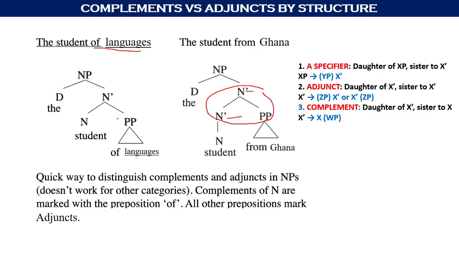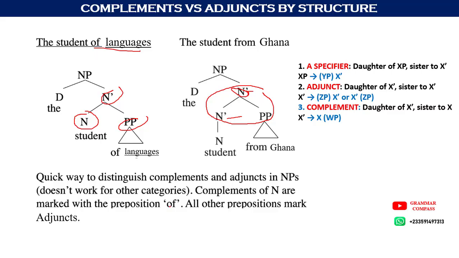So here we have our complement of languages, which has become a daughter of an N-bar and a sister of an N. So whenever you have complements, they are sisters to the head and daughters of the N-bar. Whenever you have adjuncts, they are daughters of the N-bar and then sisters to the N-bar. This is one way to distinguish complements from adjuncts in the tree.